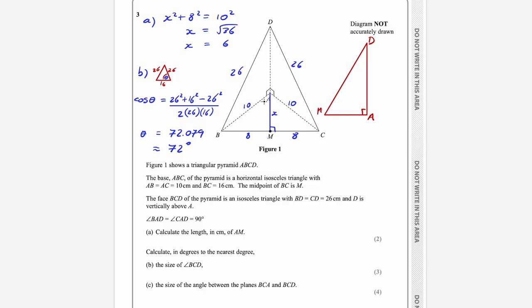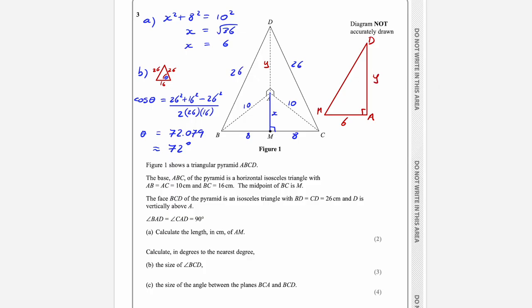Now we have MA. That is X, that's actually 6. And then this or this we don't have, but we can find it. I think I'll actually get DA, guys, because let's just call it Y. DA is Y here.